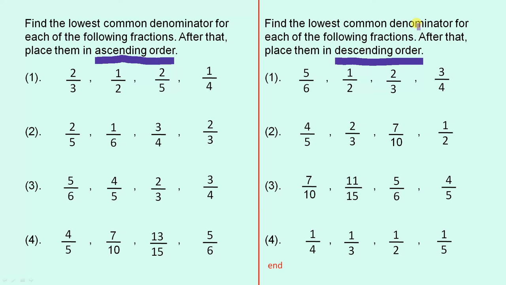The way to find the lowest common denominator, that will be the denominator that we want. We firstly have to find the lowest common multiple. Okay, we need the lowest common multiple, and that will help us to find the lowest common denominator.